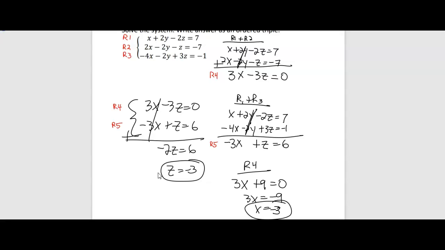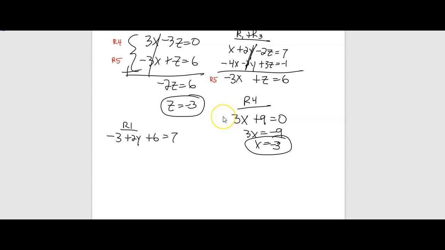We can go to one of the first 3 equations, like row 1. X, negative 3, plus 2y, minus 2z will be plus 6. That equals 7. So this is 2y plus 3 equals 7. 2y equals 4, y equals 2. We have an ordered triplet, negative 3, comma 2, comma negative 3.